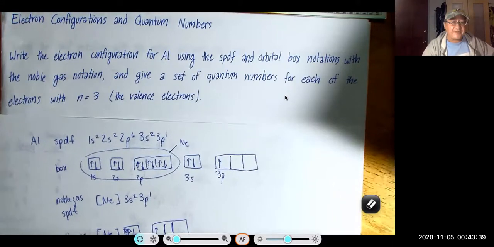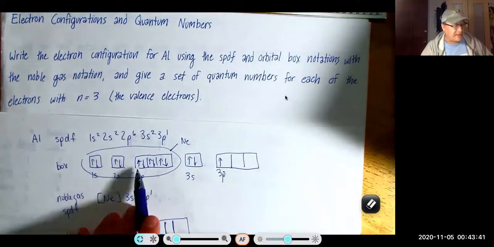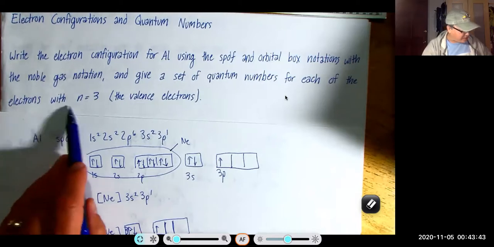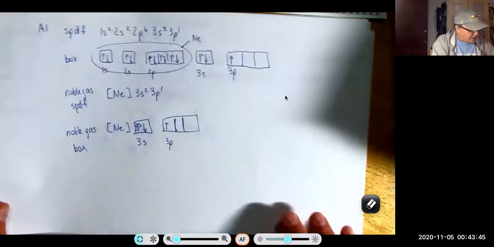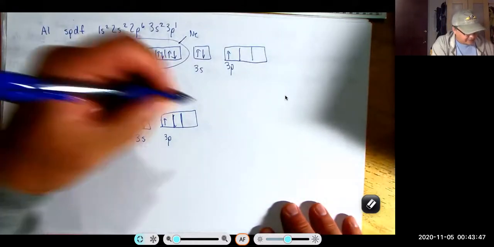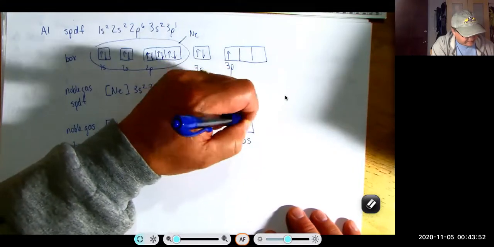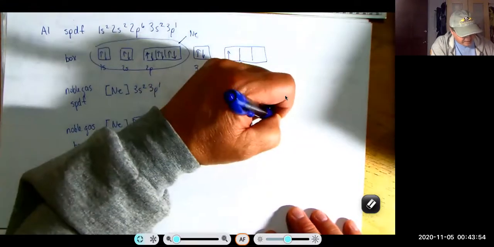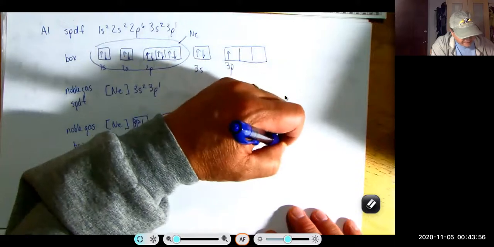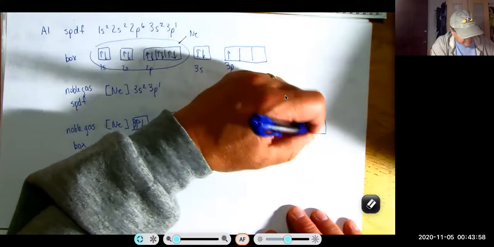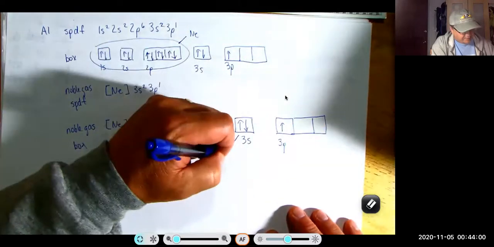Now this also says, give a set of quantum numbers for each of the electrons with n equal 3. So they're talking about these 3 electrons. Let's look at these. We've got the 3s, and we've got the 3p. So let's look at the set of quantum numbers here.